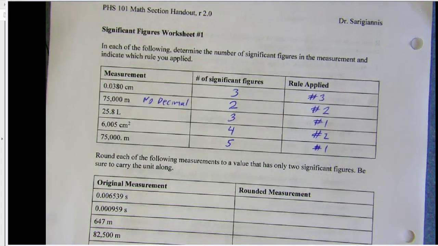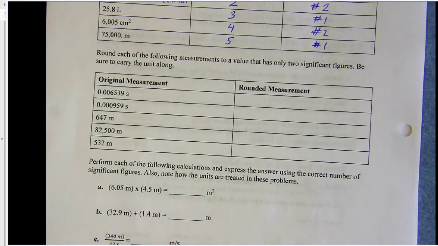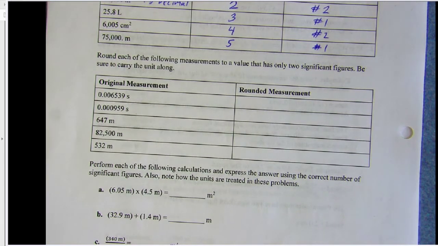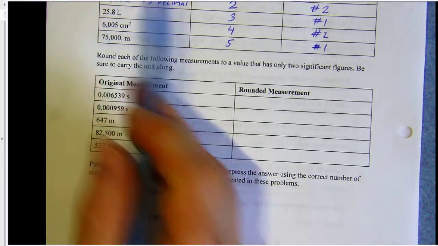All right, let's see. This wants us to round each of the following measurements to a value that only has 2 significant figures. And obviously be sure to carry the unit along. So again, this is a fractional value, kind of like the fractional value up here.